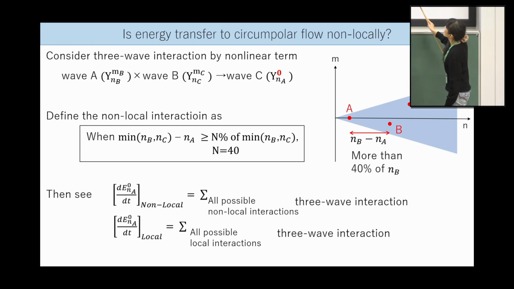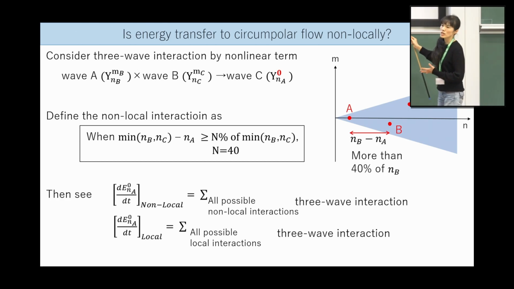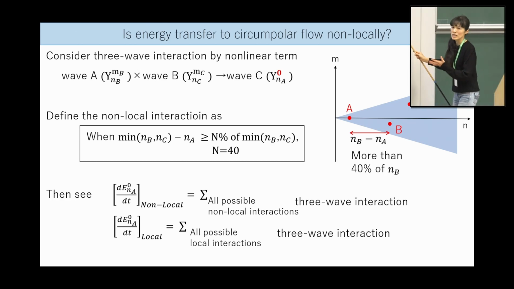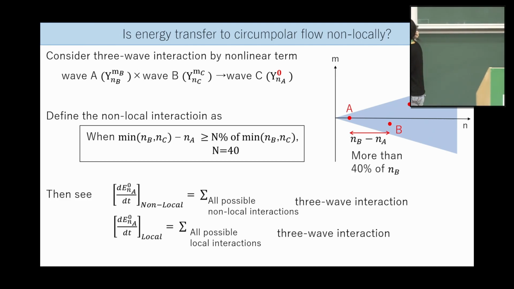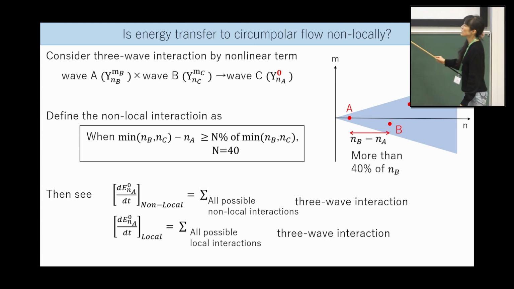So if NB minus NA in this case is more than 40% of NB, then we call this interaction non-local interaction in this talk. And again, we see whether these things are caused only by non-local interactions or local interactions.